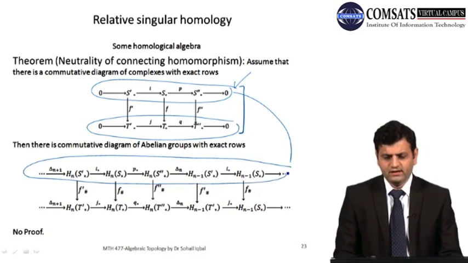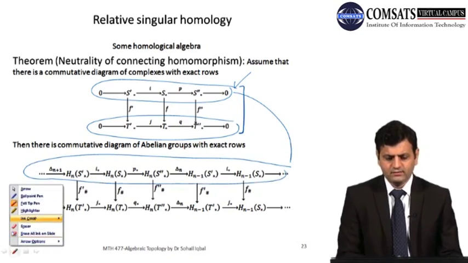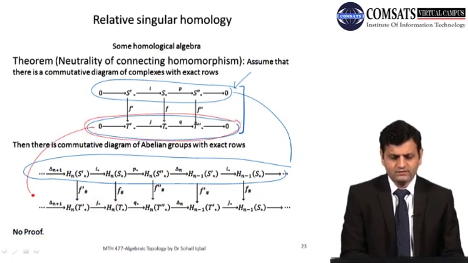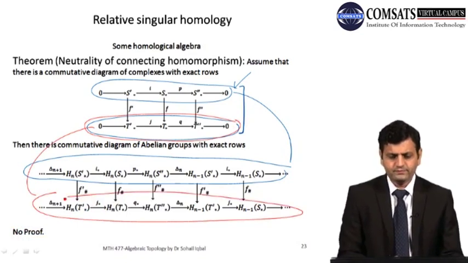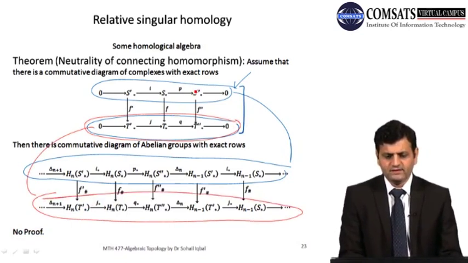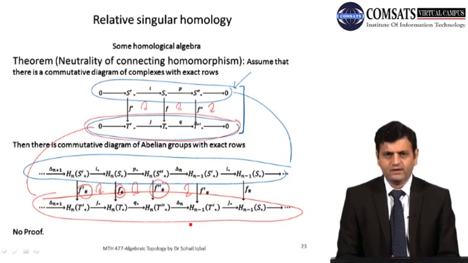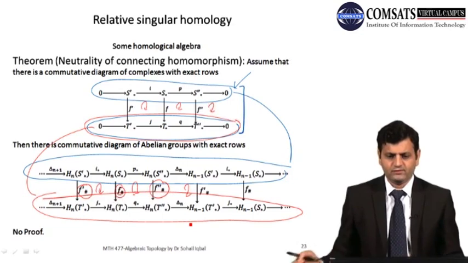We have proved this result, and it says that if there are f prime, f and f double prime such that the diagram is commutative, then we have these maps f prime hash, f prime, f double prime hash, such that the diagram is commutative. Once again we are not doing the proof of this thing, and if you are interested, then you may have a look at one of the reference books, for example Joseph Rotman and Allen Hatcher.